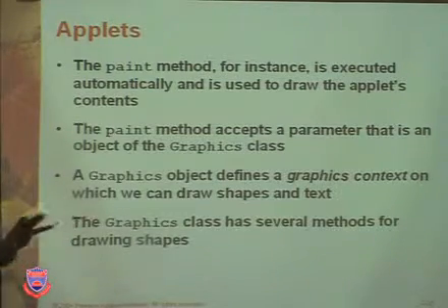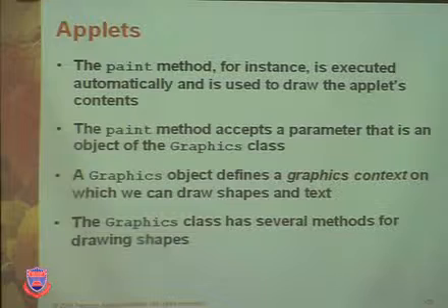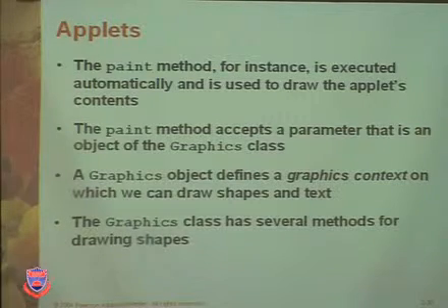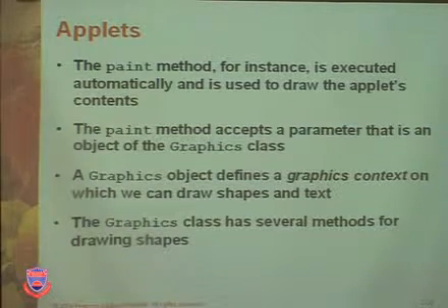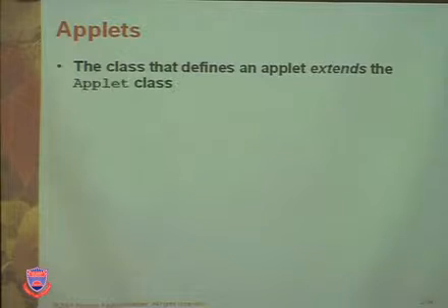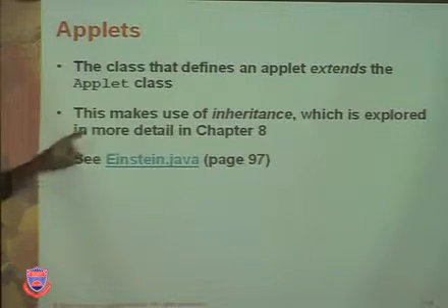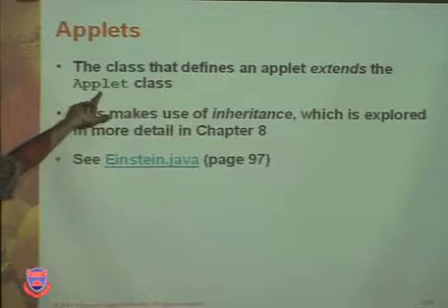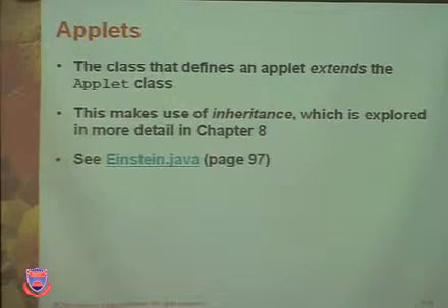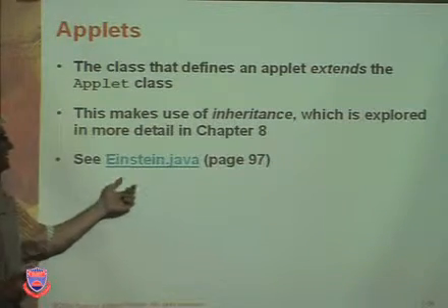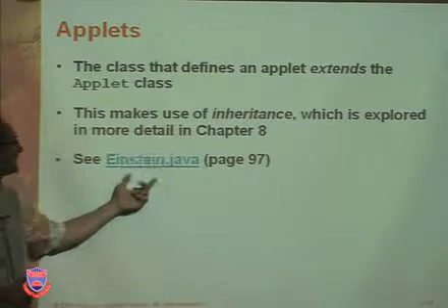You can add shapes such as a line, a rectangle, or a text that you would like to put on the screen. You can have a class that extends the Applet class so that it inherits the properties of the Applet class. We will see this in more detail in Chapter 8.